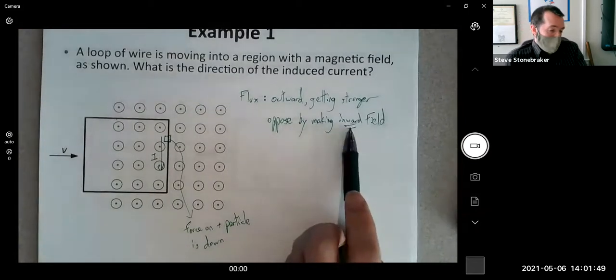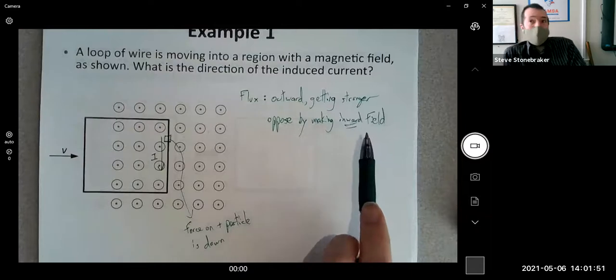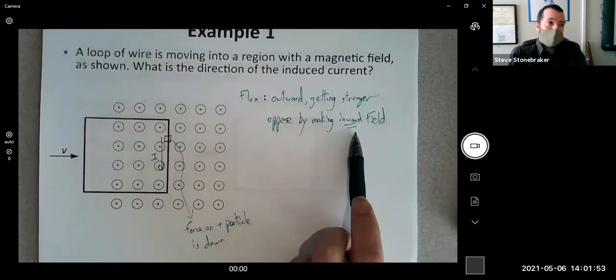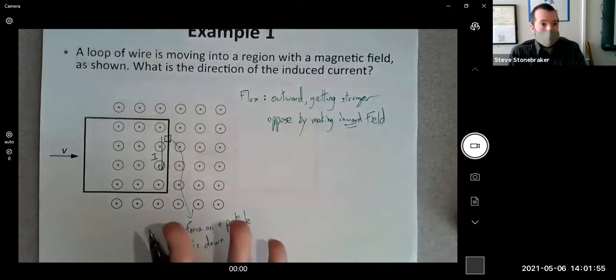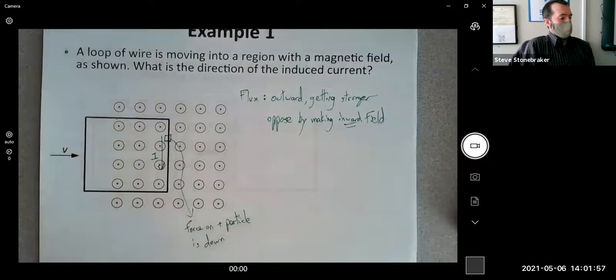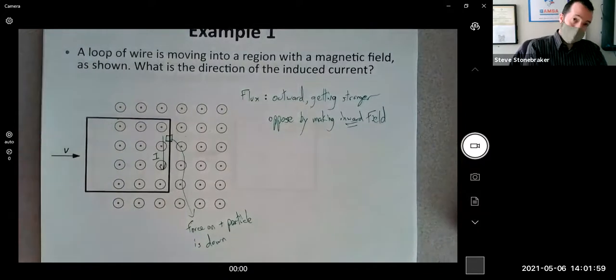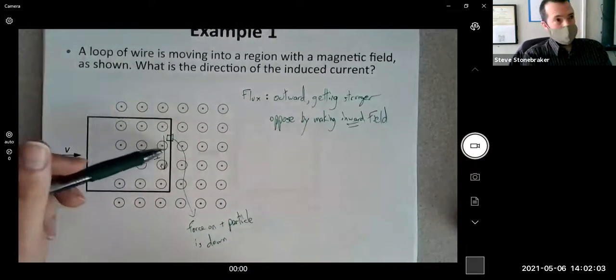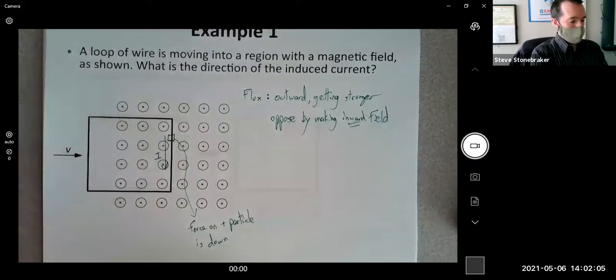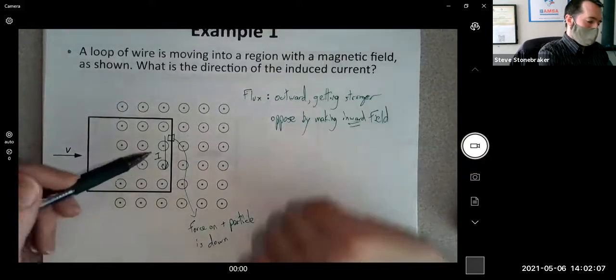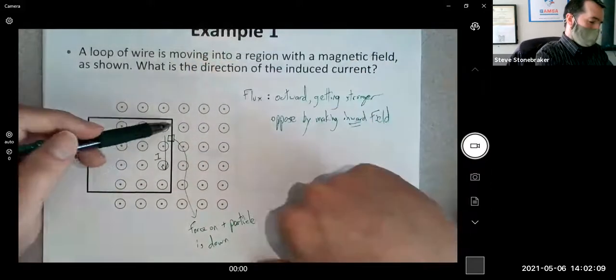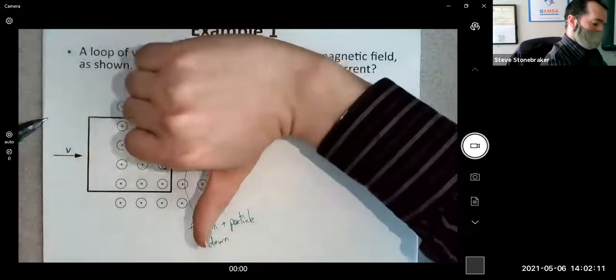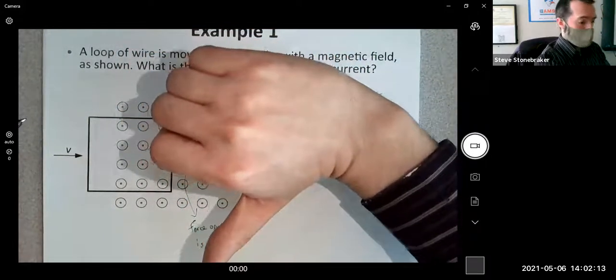And now that I know which way my magnetic field should point, I can figure out which direction the current needs to go. The current can only be clockwise or counterclockwise. I already know from the other method that it's going to be clockwise, so I'm going to do that first. But I want to know about the field created by the current.